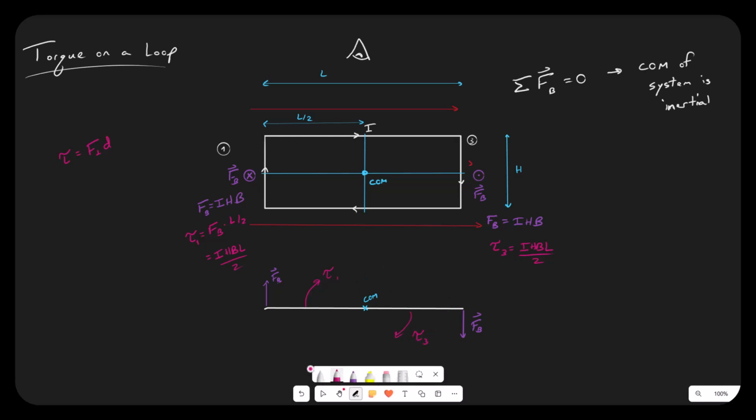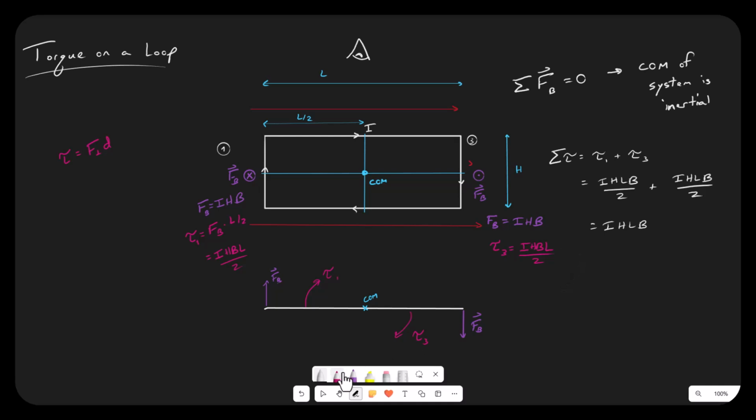Which means the total torque on this system is not 0. The total torque on this system is actually going to be the sum of these. So I'm going to get IHLB over 2 plus IHLB over 2, which means I get an IHLB.